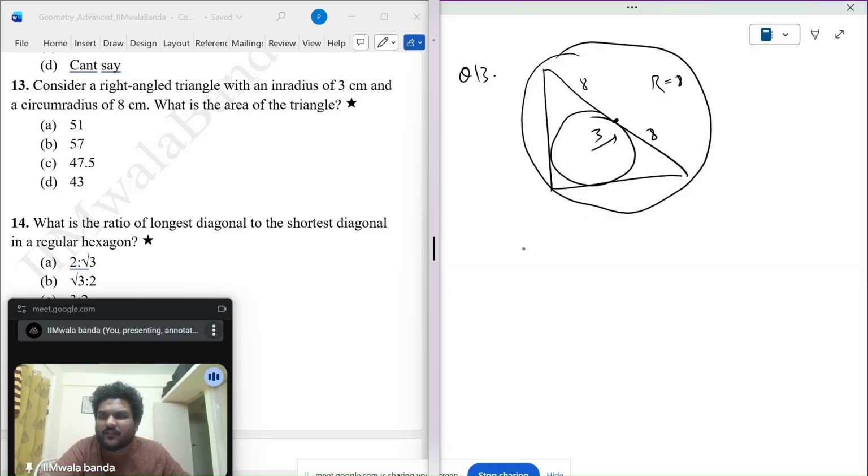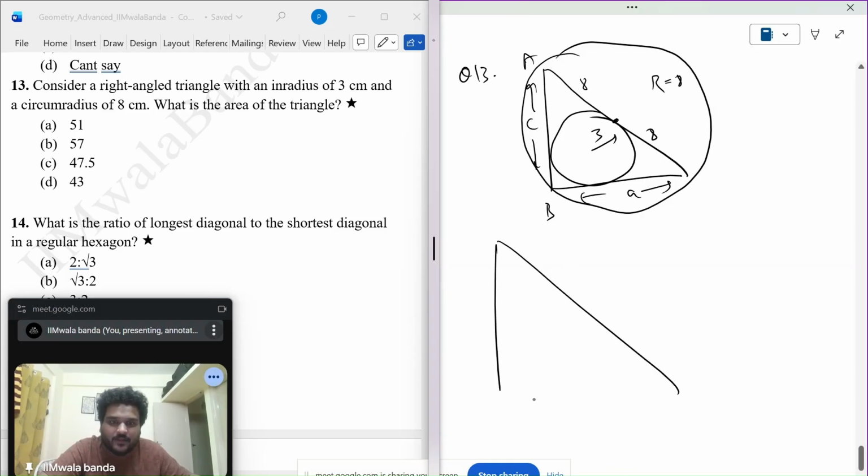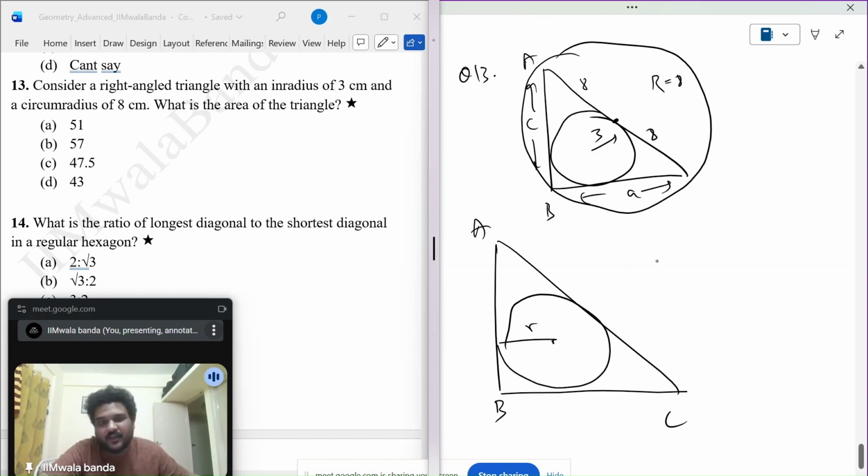I think if you are aware, any triangle, if I take ABC, this is A, this is C. So this is a direct application of this formula that, in case of a triangle which has an incircle of, let's say, radius r, we know that a plus c minus b upon 2 is r.